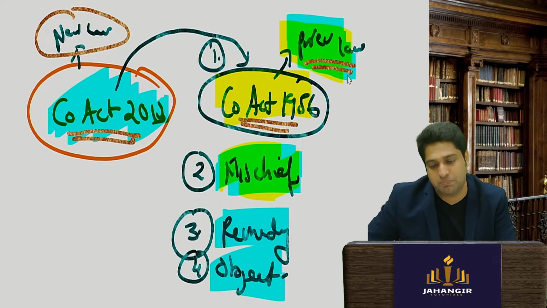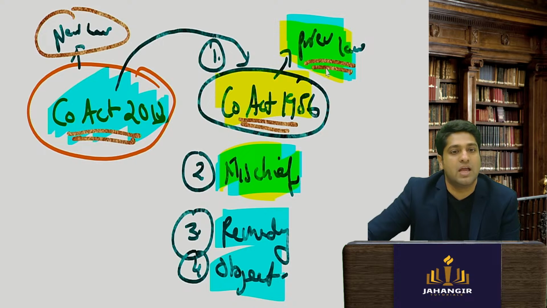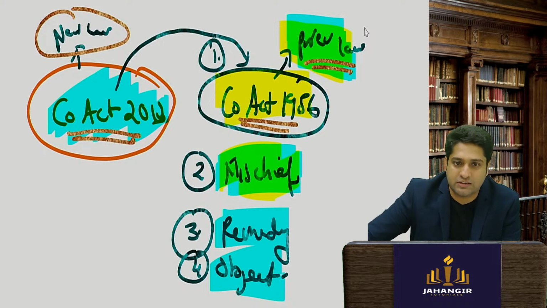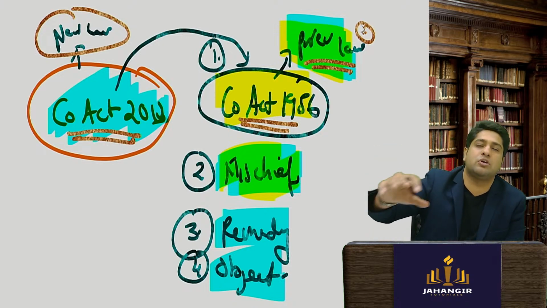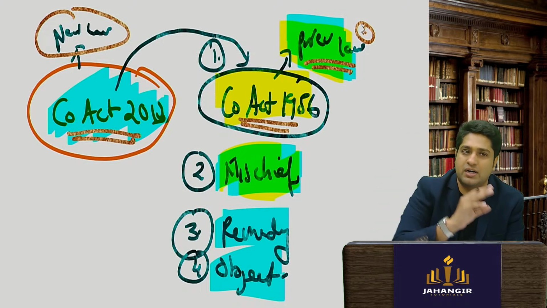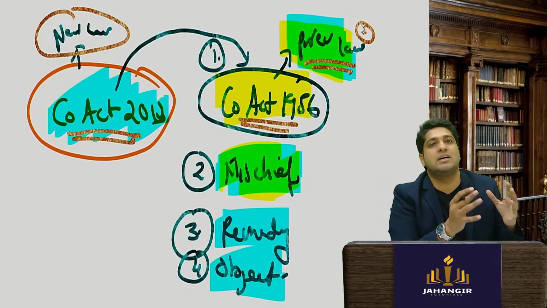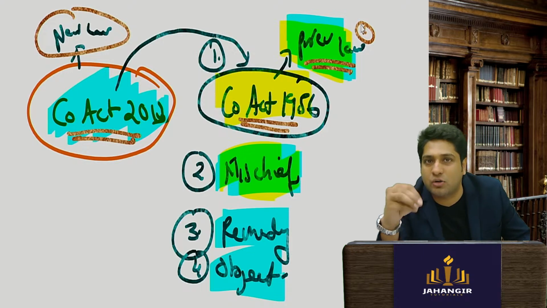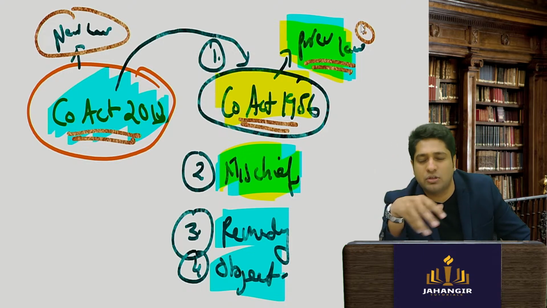So the first job is to go back into the previous law. They are saying go to the roots. If I want to understand Companies Act 2013, they say go back to the previous law. I went to the previous law.